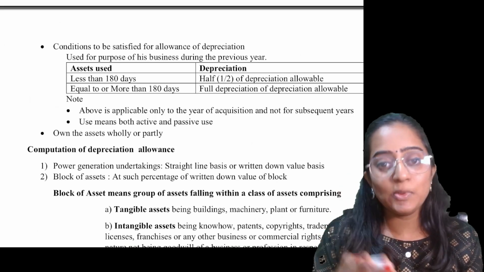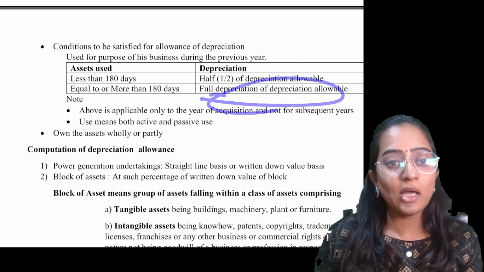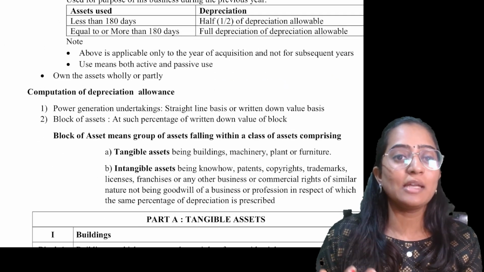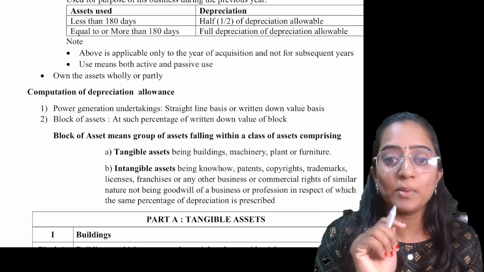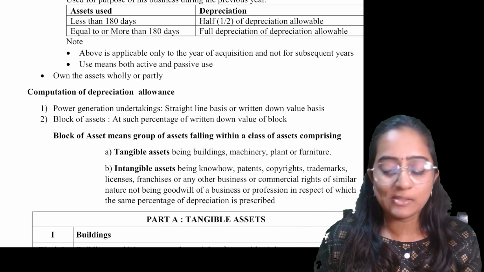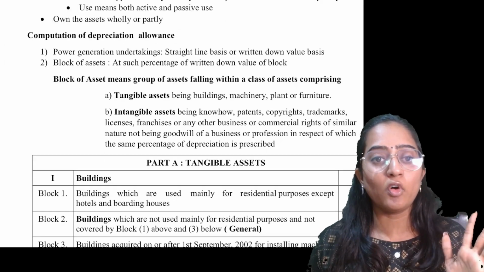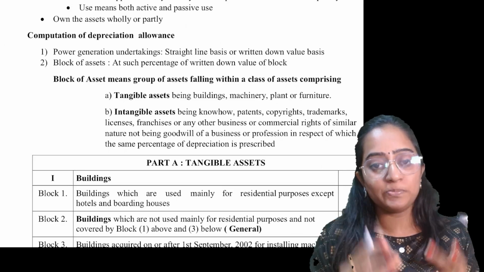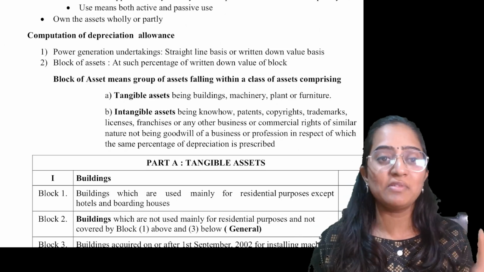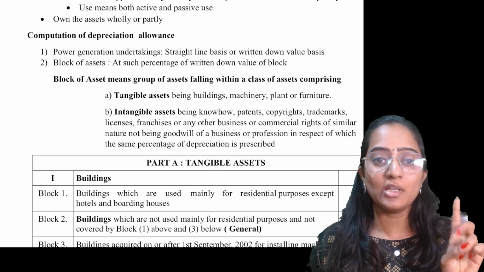If the asset has been used for a period more than or equal to 180 days, full rate of depreciation would be allowed. Remember, this use can be both passive use and active use, and this half rate of depreciation concept would apply only in the year of acquisition and not in the further years. See, whenever it comes to depreciation, there is only one method that you need to follow, the WDV method. An option is not given to any undertakings other than power sector undertakings. A power generation undertaking has two methods, straight line method and WDV method.